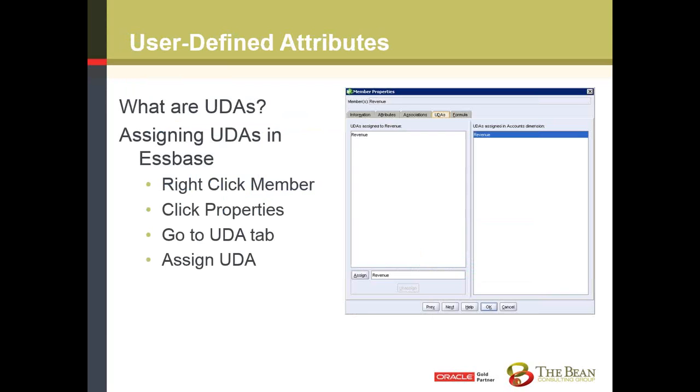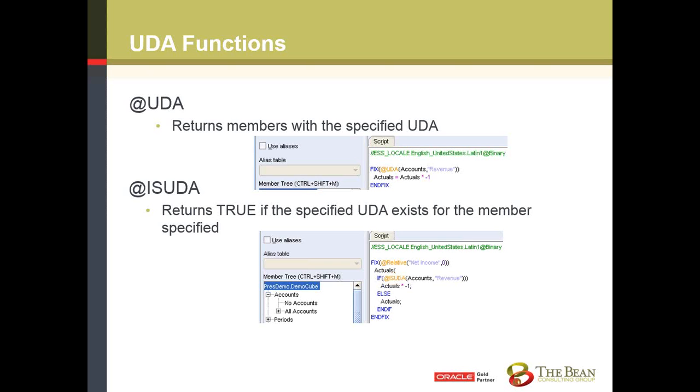One of the other very powerful features within Essbase is the notion of user-defined attributes. They're essentially tags you can put on members that allow you to filter those members down. You assign UDAs by going to the member properties, going to the UDA tab, and assigning the UDAs there.